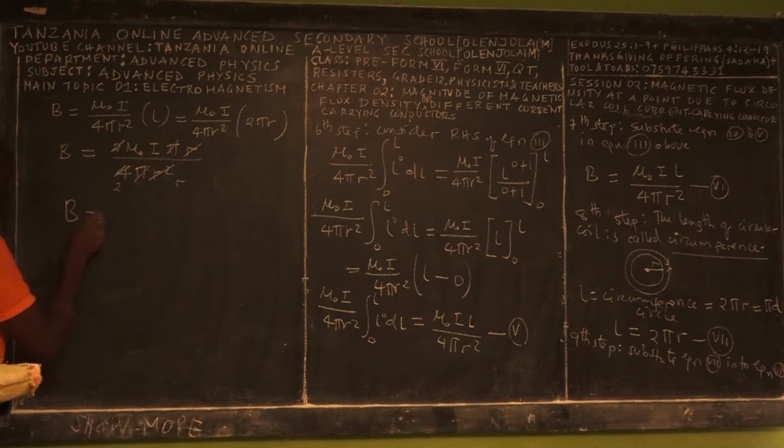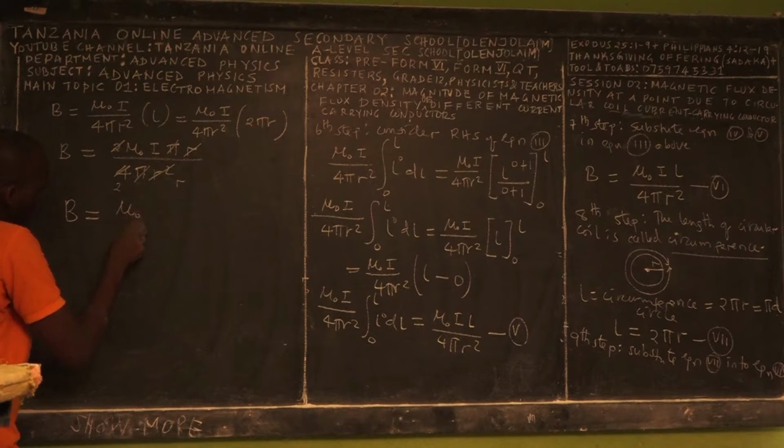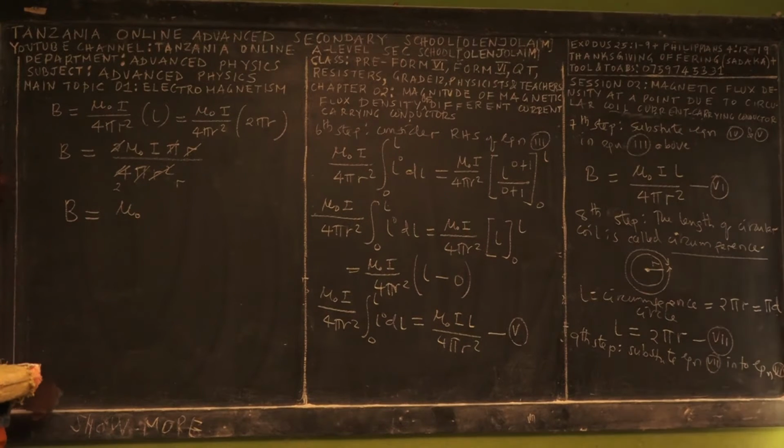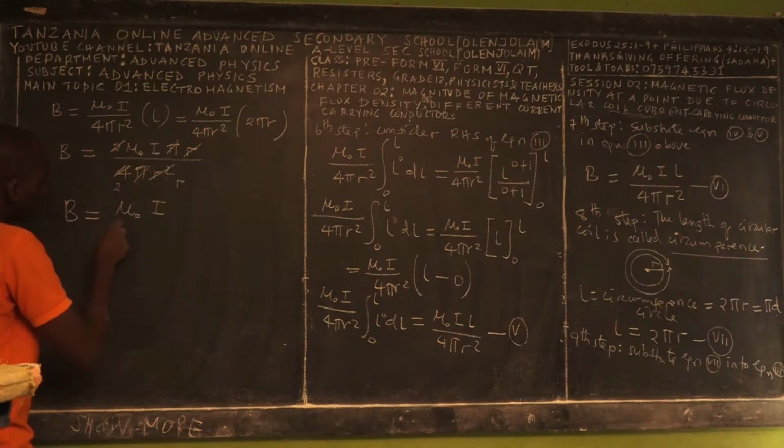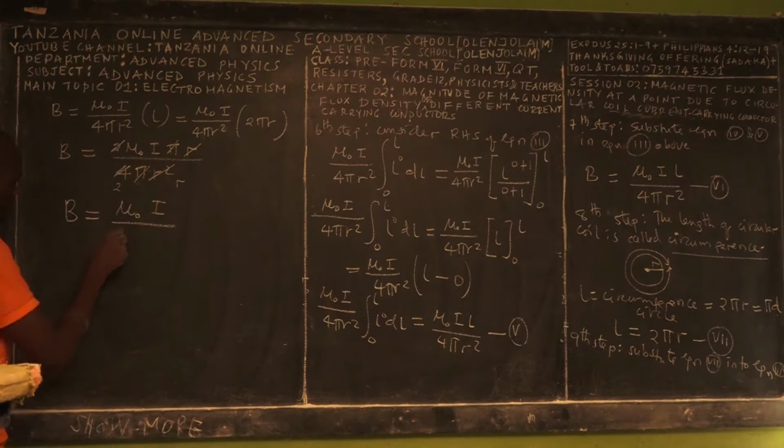So the magnetic flux density at the center of the circular coil is given as the product of the permeability of free space and current over twice R. Are we together? So this is the formula we deduce.